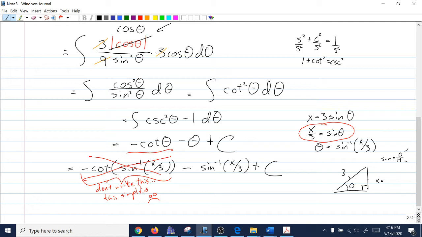If this side is x and that side is 3, then this side, Pythagorean theorem, will be the square root of 9 minus x squared. X squared plus this squared equals 9. Solve for that, you get square root 9 minus x squared.